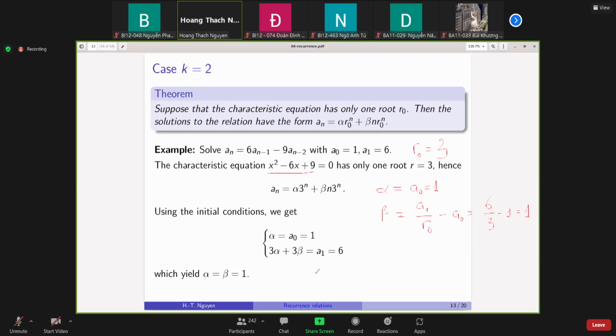Okay, so then we apply here and we get the general term of this sequence is 3 to the power n plus n times 3 to the power n. Okay, do you understand? Yeah, you understand this example, right?